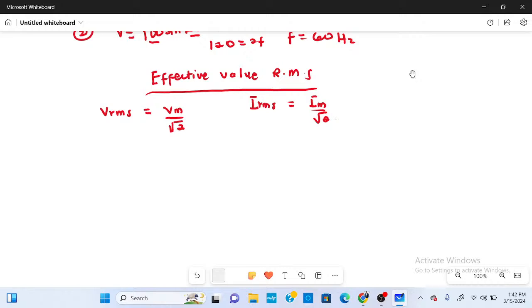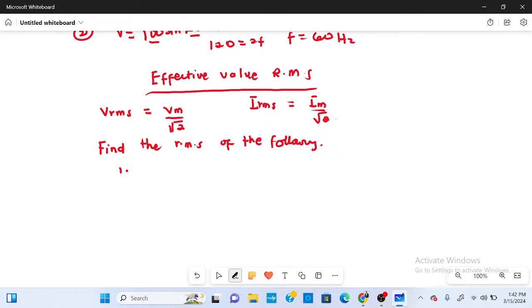From here, let's take this example. Find the RMS of the following. Let me bring out the first equation we treated.